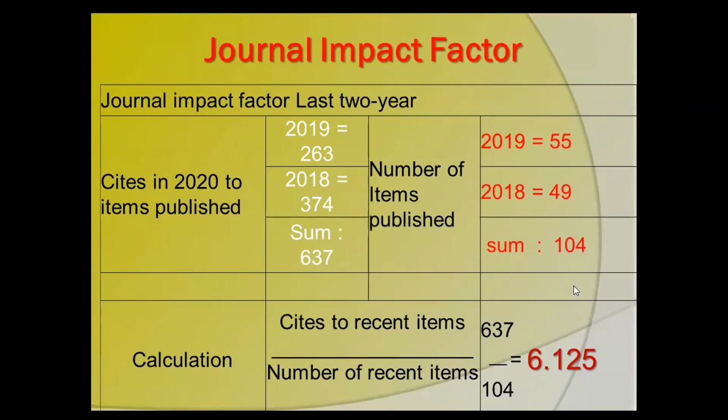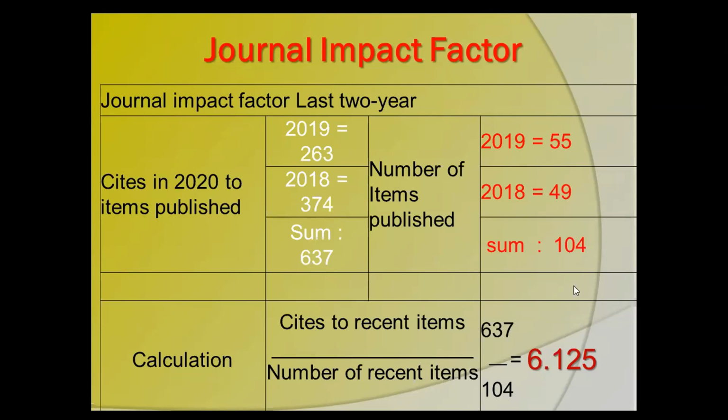The number of items is 42, so the total number of items published is 104. The calculation is citations to recent items, 637 divided by 104. That is the particular journal impact factor, 6.125. This is how we calculate the impact factor for a particular journal.